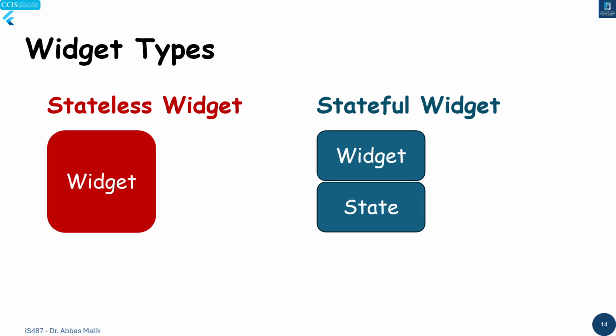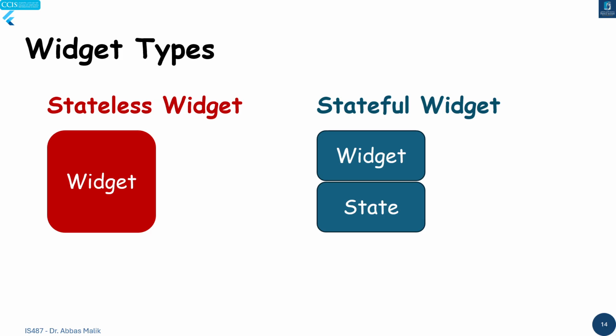So in the stateful widget, we have two parts. One is related to the widget, and the other one is related to the state. Inside the state, the information can change, but inside the widget, it will remain constant, and it becomes immutable. But the state can change as many times as needed. So it is more like a mix. The stateful widget is a mix: the widget part is the instance of that class that we create, and inside that class we have a state.